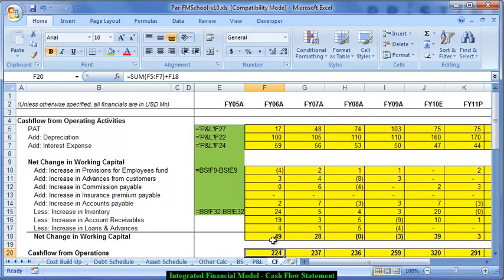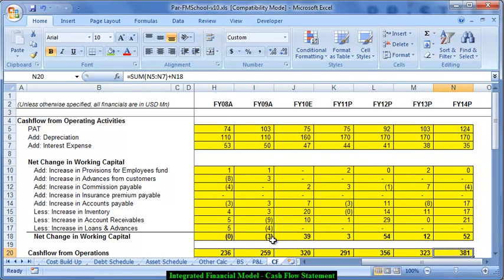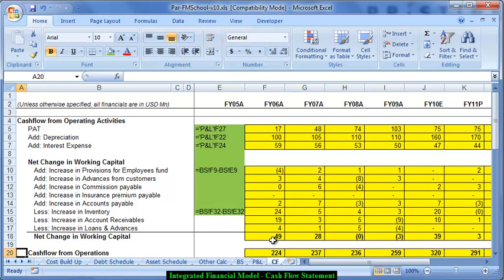So overall I figured out 224, 237, 36, 291. There's a slight decrease in FY11 as far as operating cash is concerned, but otherwise the company seems to be doing very well as far as generating cash from operations is concerned. Please note that this is a very healthy sign for the business of the company. If the company is generating a lot of cash from its operations, that's the best that the company can do.